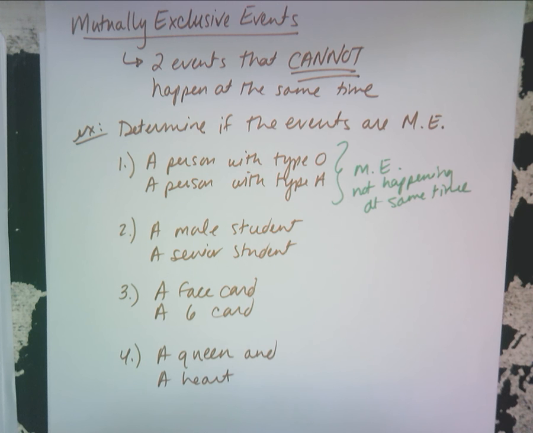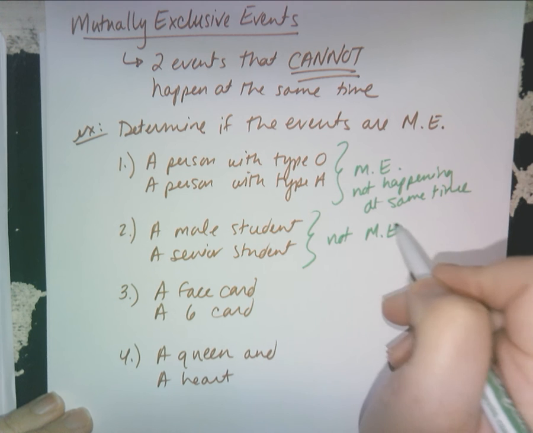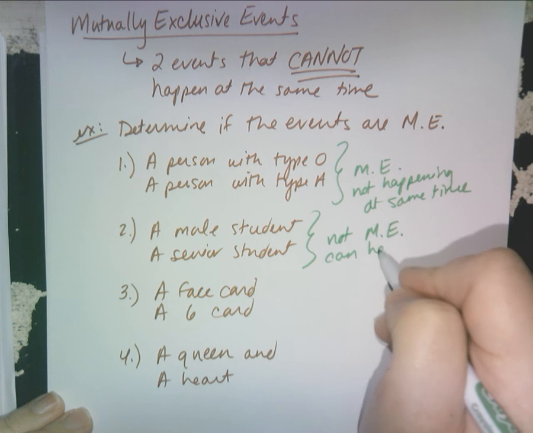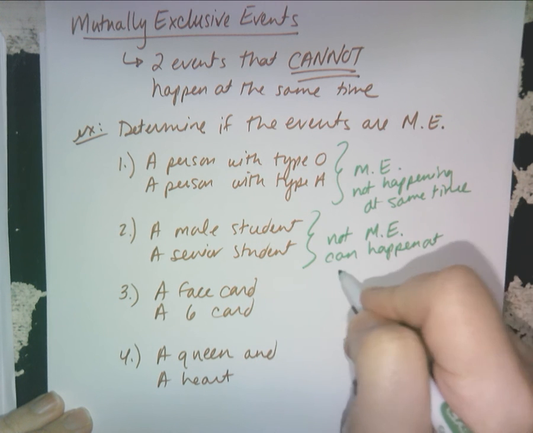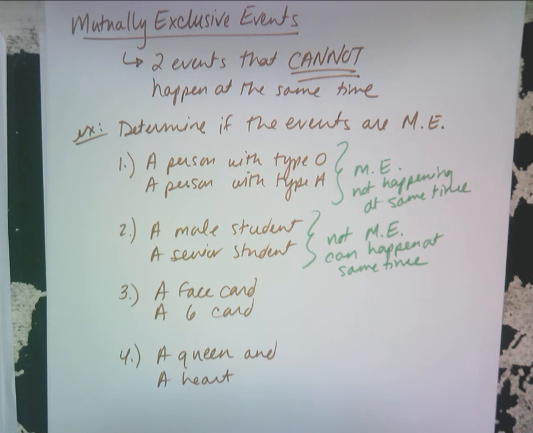Yes. So are you ME? Not ME. It can happen at the same time. I have to write this. I'm telling you, in the beginning, I have to write this so it ingrains into my head over and over. ME cannot happen at the same time. Not ME can happen at the same time.